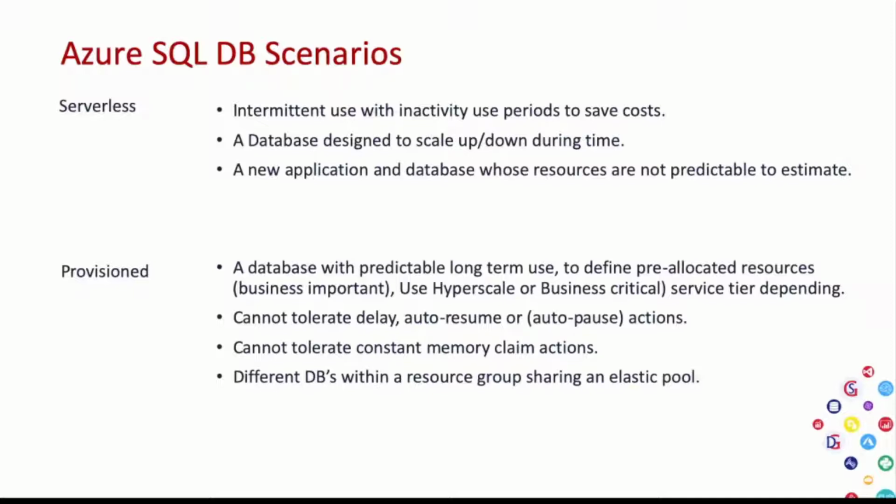You cannot tolerate constant memory reclaim actions, which is part of serverless, in a way to save costs. And you don't have elastic, you need an elastic pool maybe for these kinds of databases. So then you need a provisioning model.